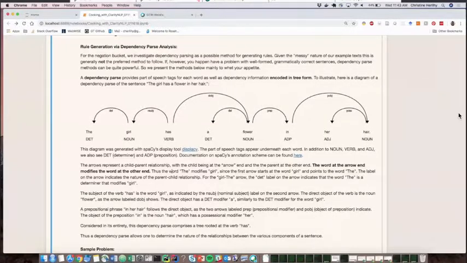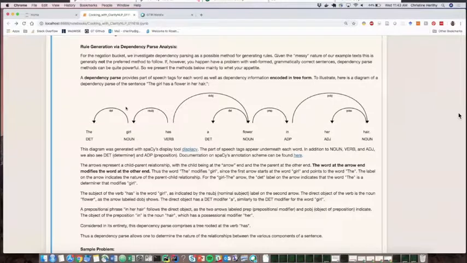If you look at the first arrow between the word the and girl, the is at the arrow end. That means the modifies the word girl in a certain way, and the relationship is that the is a determiner for girl.